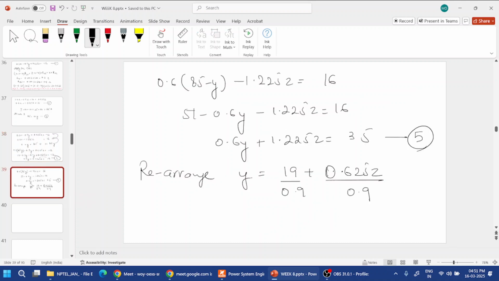So the value will come out to be y is equal to 21.11, and 0.625 divided by 0.9 gives plus 0.694z. Okay, this value put in here. We will solve it for z.